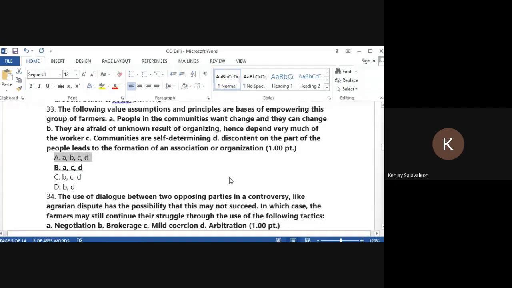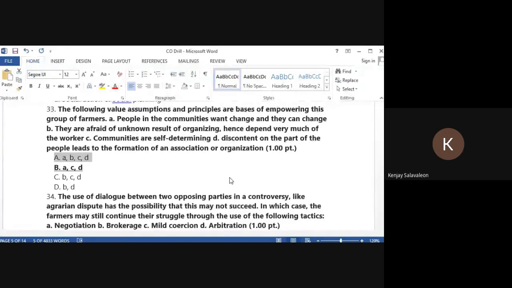Fourth, society can provide ways to achieve maximum compatibility of individual and community interest. Social welfare provisions, services, programs can enhance human welfare and prevent and reduce social ills. And last would be planning, coordination, and integration of social welfare provisions by individuals. Social ills are interrelated and social welfare provisions are interdependent. Nakikita naman natin, no, hindi kasali doon yung afraid of the unknown will result to dependency type of relationship between the community towards the worker. So the correct answer is A, C, and D.